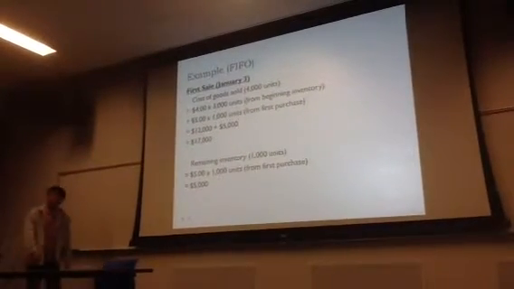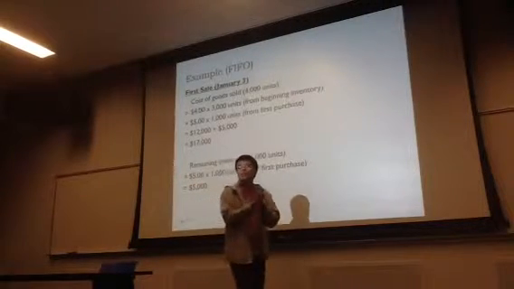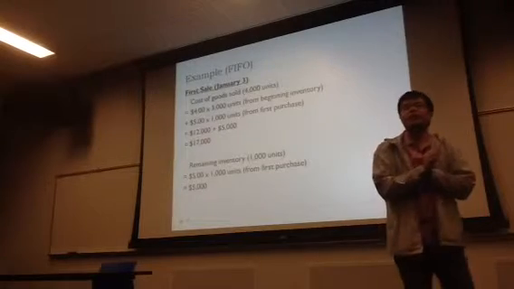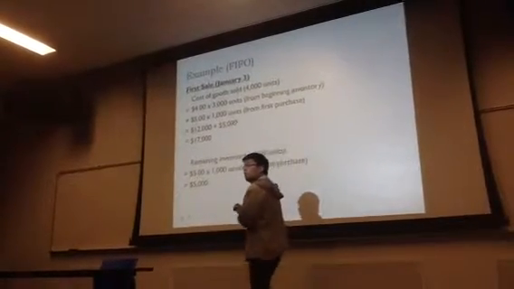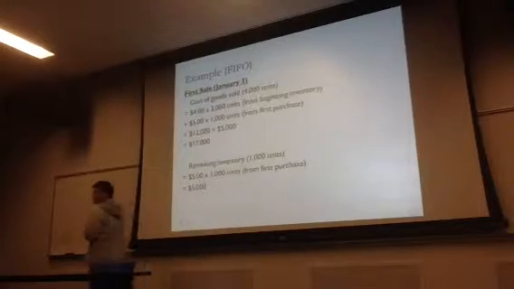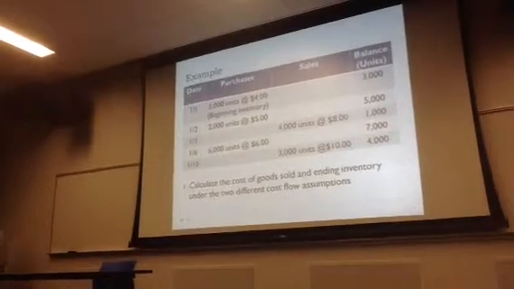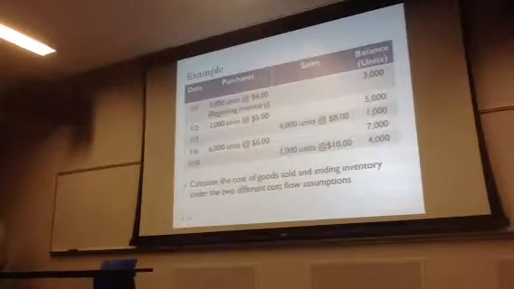But after that, we still have 1,000 more units to go, because we are selling 4,000 units, but we only have accounted for 3,000 units. So that's why you have to take 1,000 units more from the second purchase, which is the one on January the 2nd. So here we must take 1,000 units from these 2,000 units at $5 each.